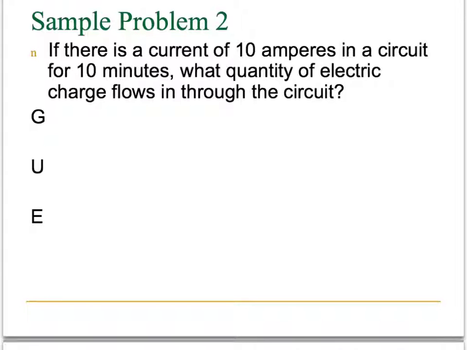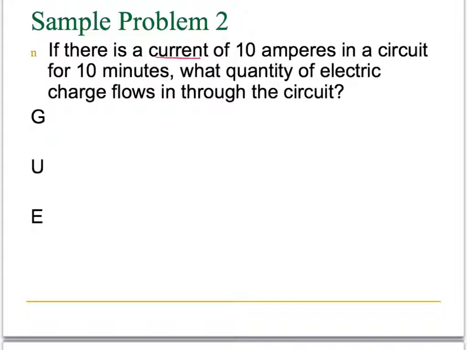Next problem. If there is a current of 10 amps in a circuit for 10 minutes, what quantity of electric charge flows through the circuit? So let us use the GUESS method again. So we are given the current.